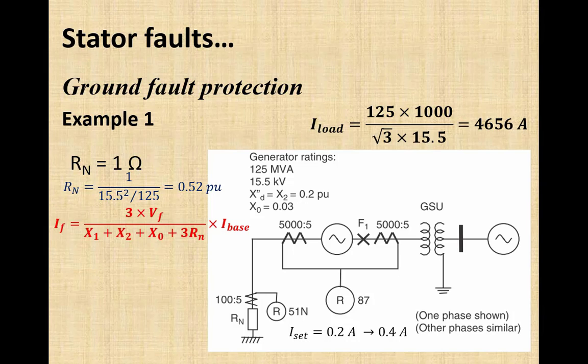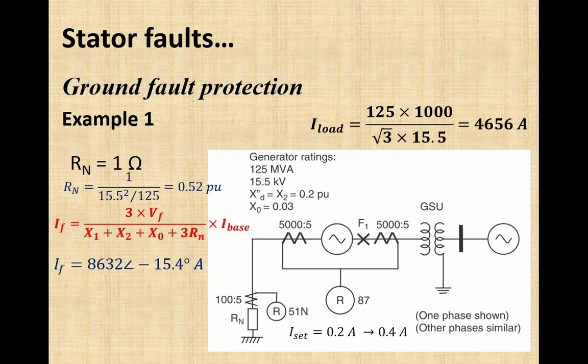After substituting the values, the fault current is 8632 ampere. Look here, by just inserting a 1 ohm resistor in the neutral circuit, the current has been reduced by 4 times. Previously it was 32,000, now it is just 8,000. We are not interested in this angle, only in the magnitude of this fault current.